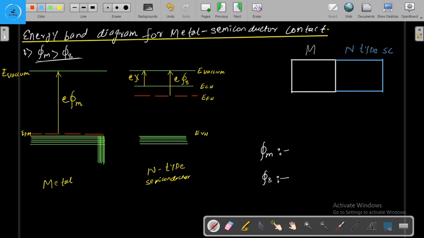Since phi m is greater than phi s, this means the work function of the metal is greater than the work function of the semiconductor.